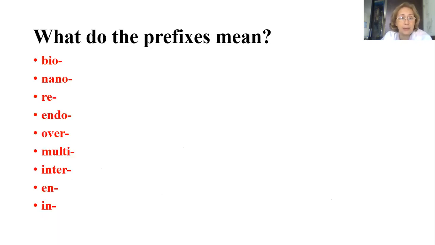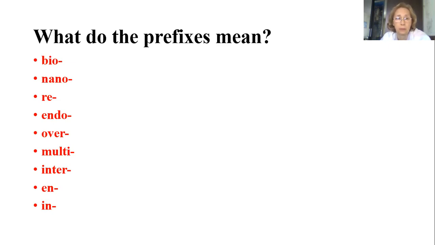And here we can see the meanings of the prefixes. So one more time, Aidana, can you comment on the meaning of these prefixes? What do they mean? So bio means natural, right?